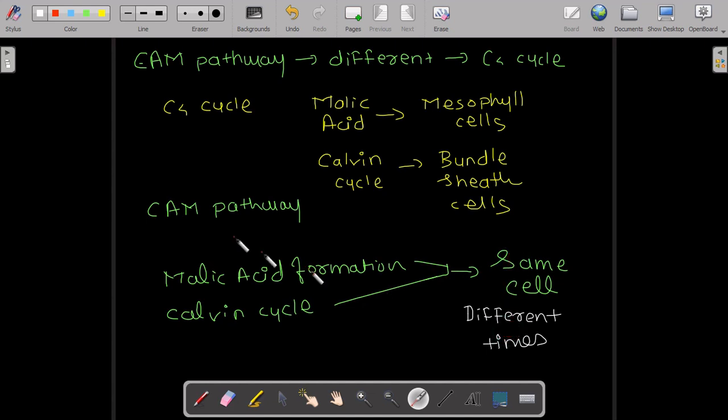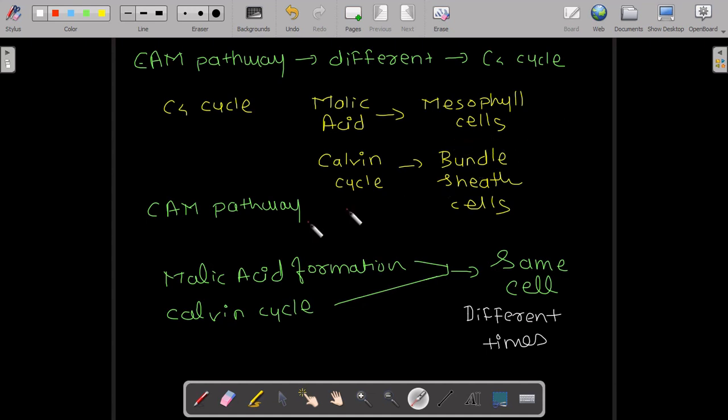In both the C4 cycle and the CAM pathway there is malic acid formation, but in the C4 cycle the malic acid formation takes place in mesophyll cells and the Calvin cycle takes place in bundle sheath cells, and these two things happen in two different cells at the same time.